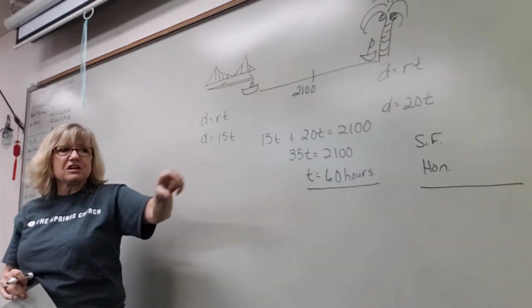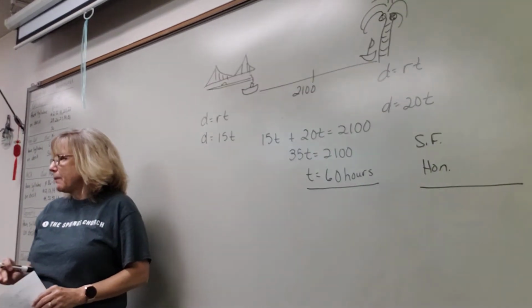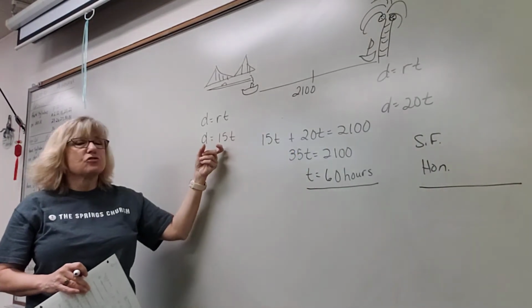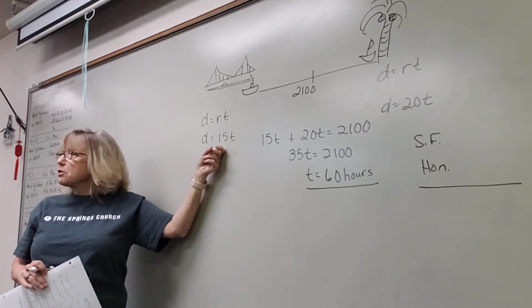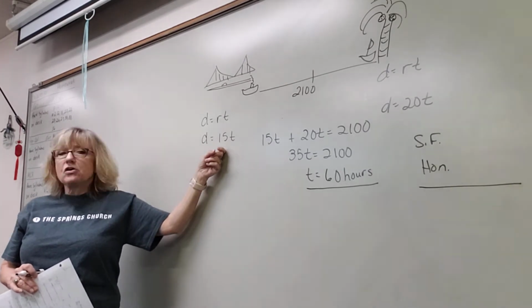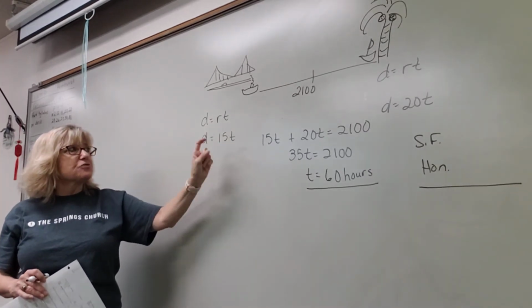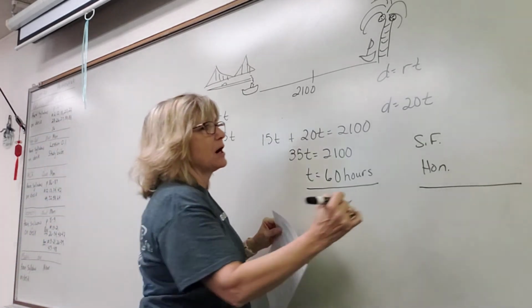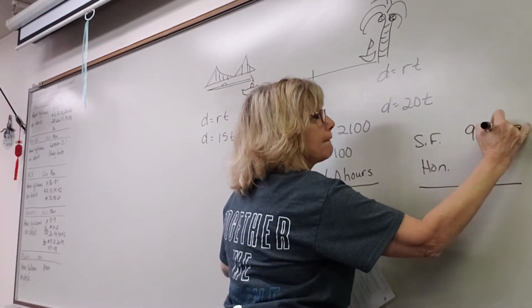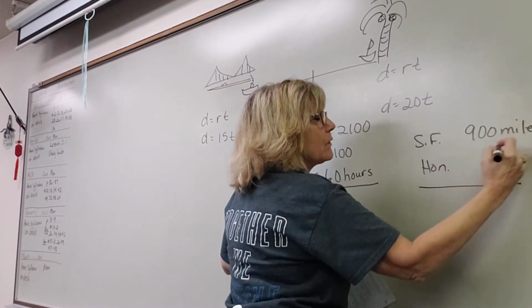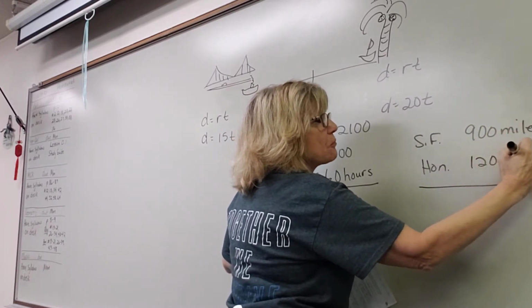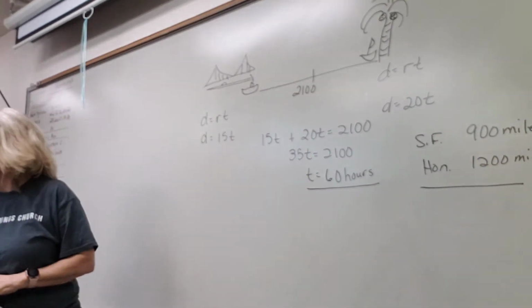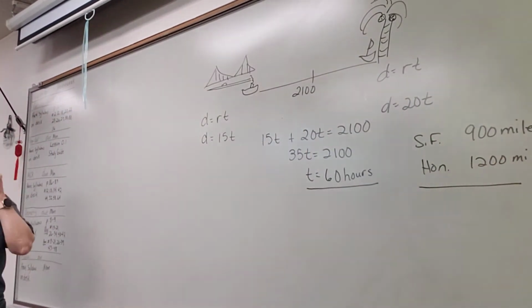And how far is he from Honolulu? You would simply take 60 and plug it into these equations up here, and it would give you a distance. So for San Francisco, we're going to do 60 times 15, and that will give you 900 miles. And then I'm just going to say this is 1,200 miles because I know it's 2,100 minus 900. Okay?